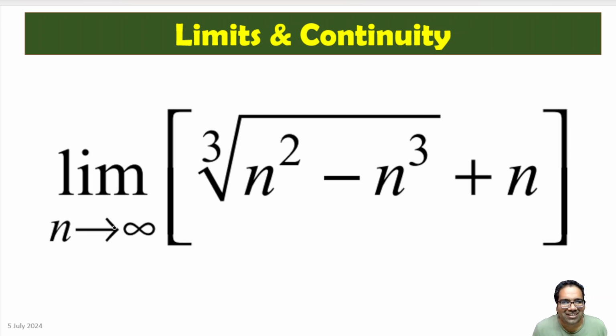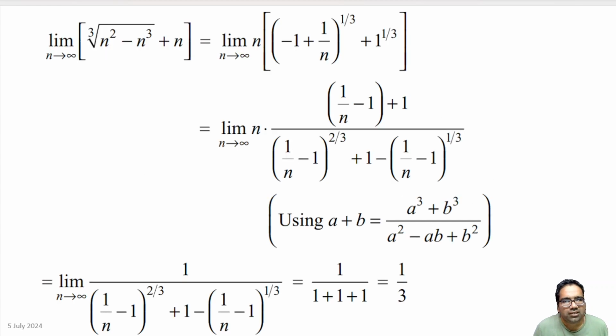Okay, so n tends to infinity. Let's see if we can make something like 1 by n here and try to cancel out or make some terms insignificant. Let's do this. Let us take n cube common: write this as n cube into n square by n cube minus n cube by n cube. We can write the cube root of this.